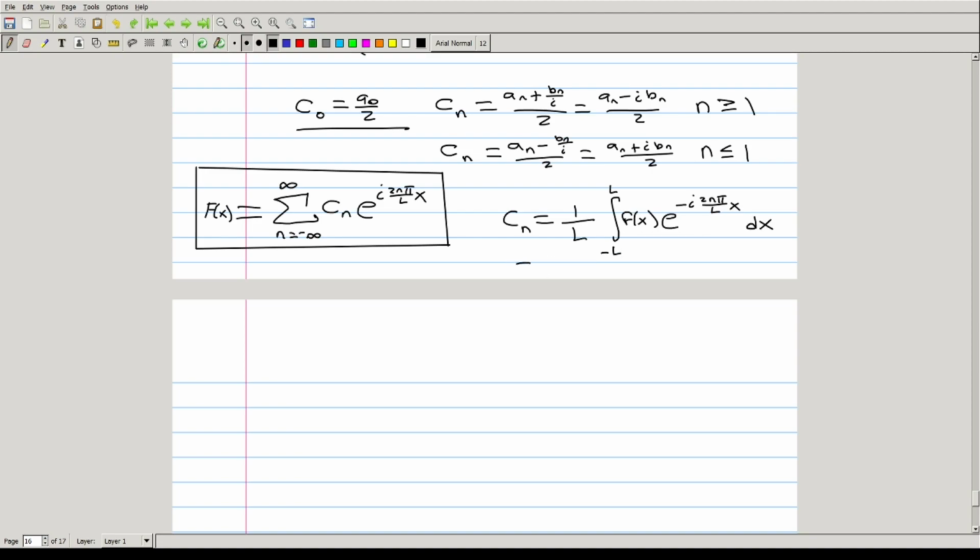So this would be a good thing to go through and check. But this is a very, very important formula, and we will find many, many uses for it. It's just another way to write down a Fourier series. Thank you very much for tuning into lecture, and have a great day.